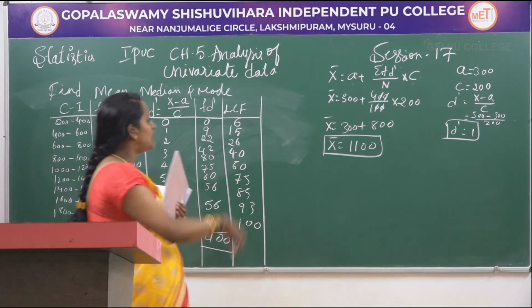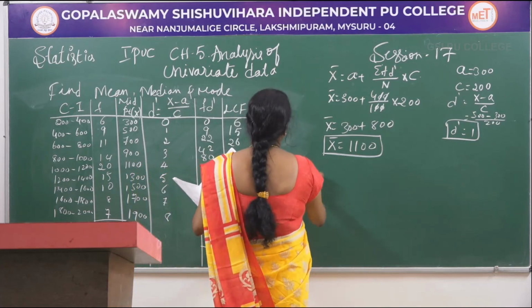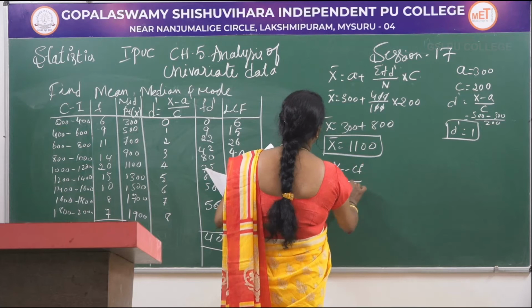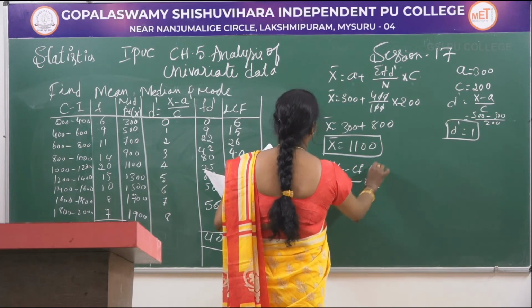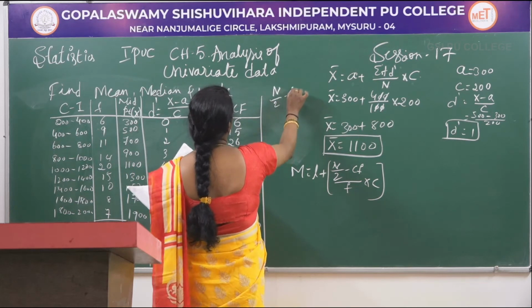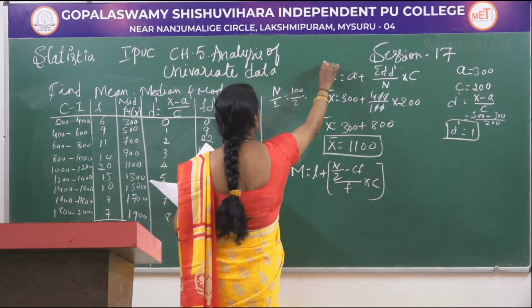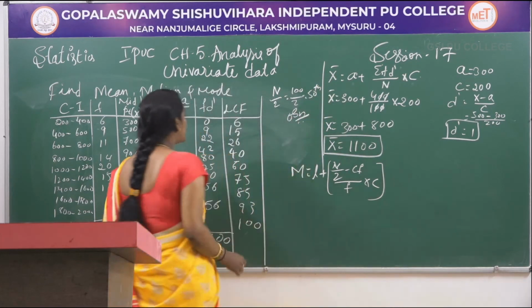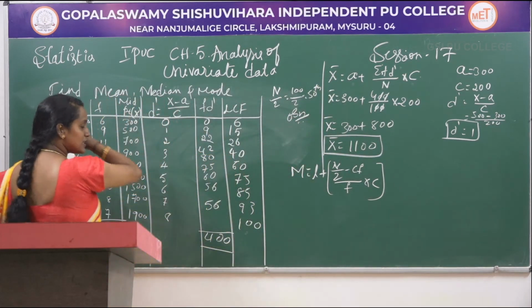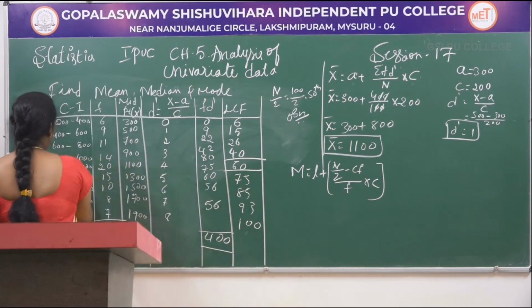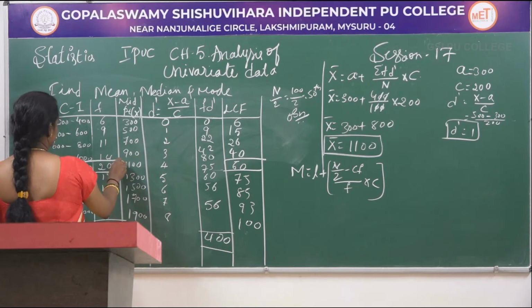Next, to find the median, the formula is L plus (n by 2 minus CF) by f into c. To find n by 2, n by 2 is equal to 100 by 2. It is the 50th observation. The 50th observation comes in the interval of cumulative frequency 60. So 60 corresponds to 1000 to 1200.